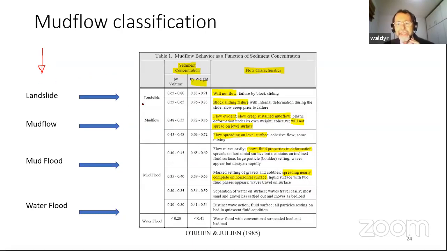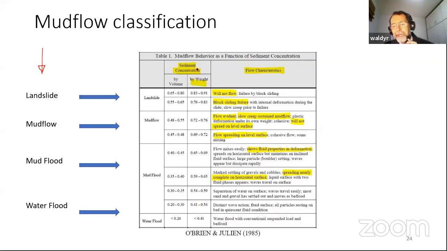So let's start with something that's familiar to geotechnical engineers, landslide. O'Brien and Julien come from a field that talks about hydraulics, so it's moving things, flowing things. So sediment concentration will be our variable in order to understand.